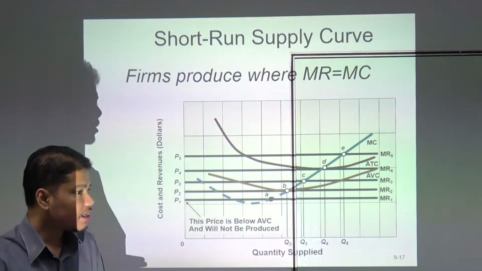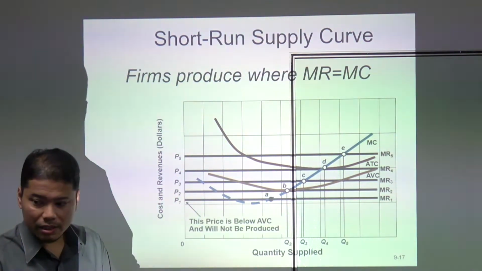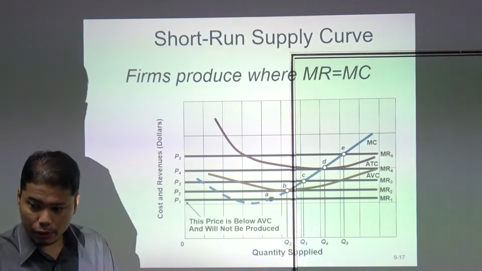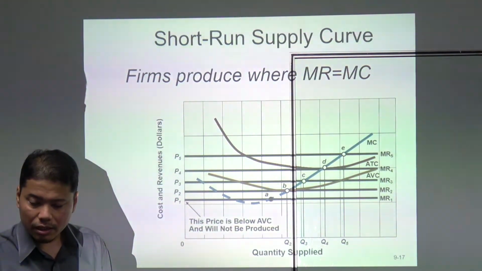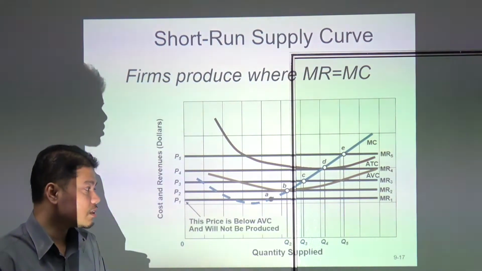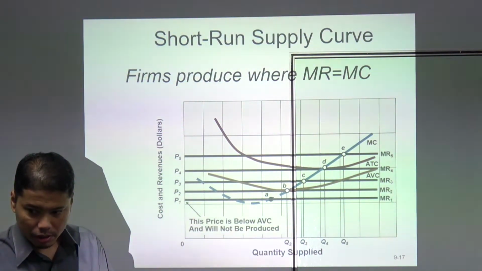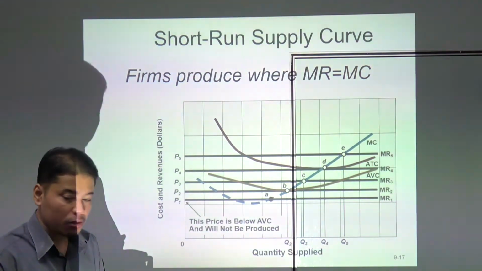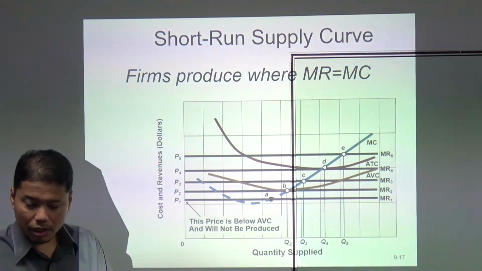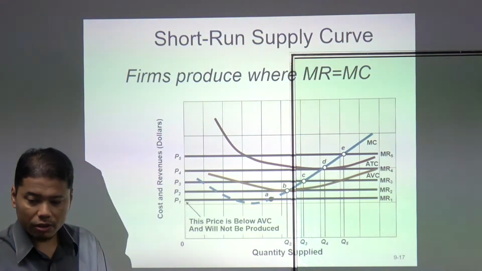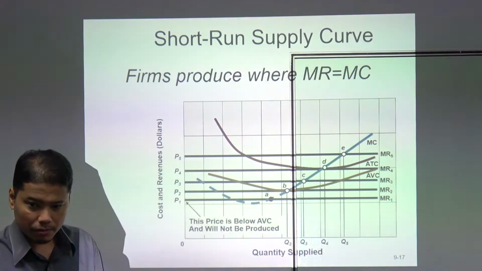So since none of the fixed cost is covered by the price, it means that if the firm produces, the firm will incur the same amount of losses equivalent to the fixed cost. And if the firm closes down, we already know that the firm's total loss will be equivalent to the total fixed cost.